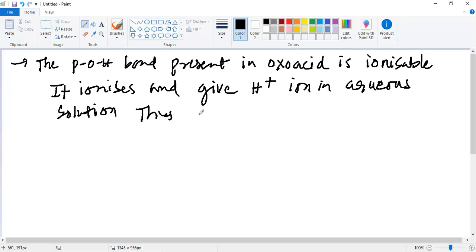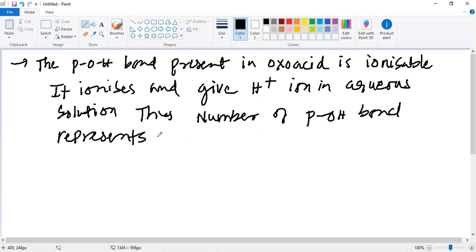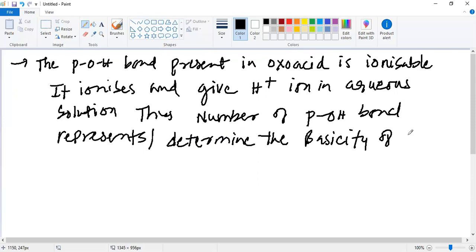Thus, the number of P-OH bonds represents, or we can say determines, the basicity of an oxoacid. So let us understand this, my dear students.